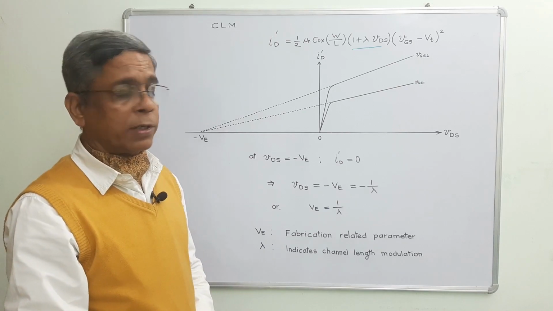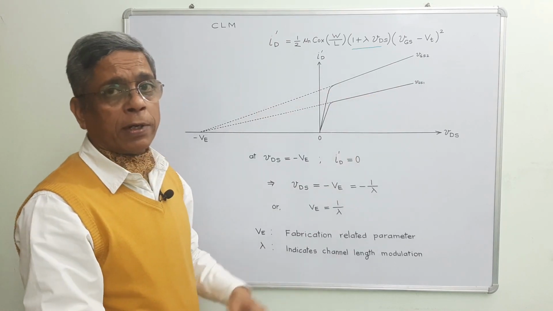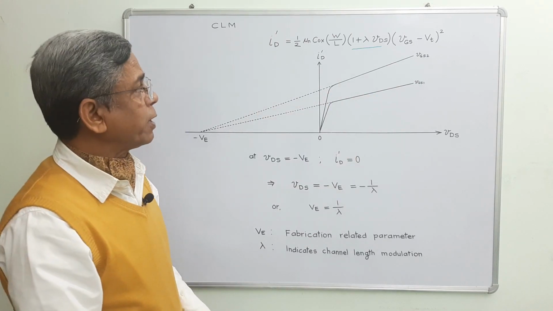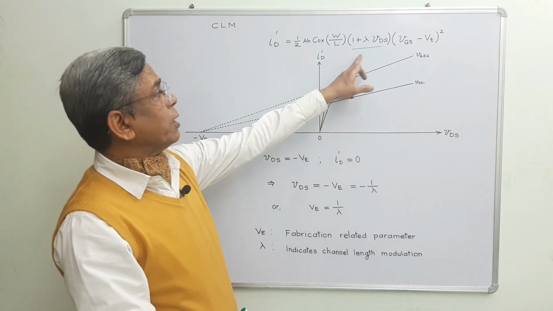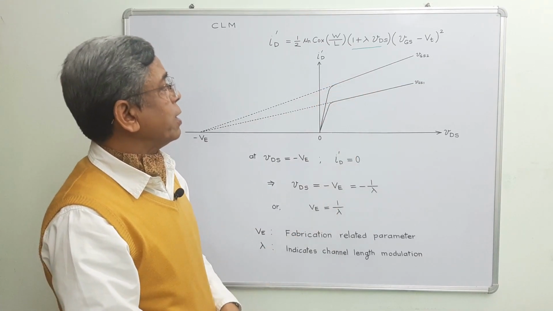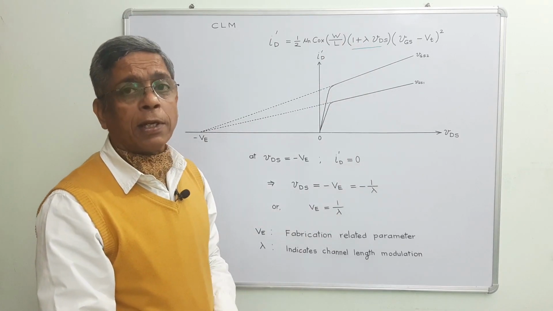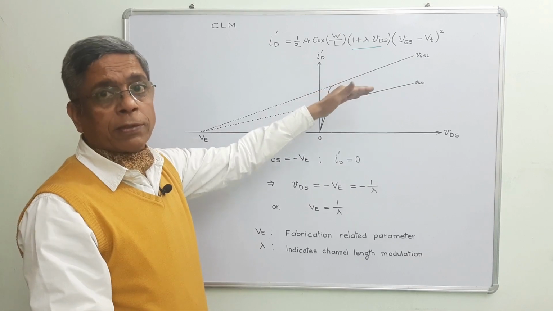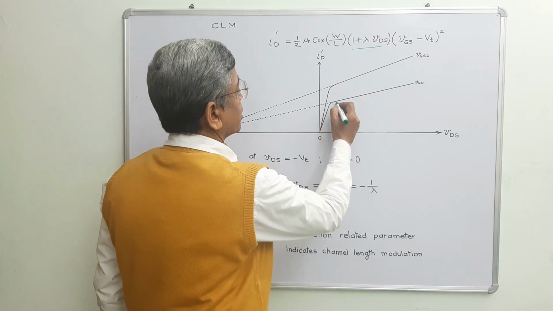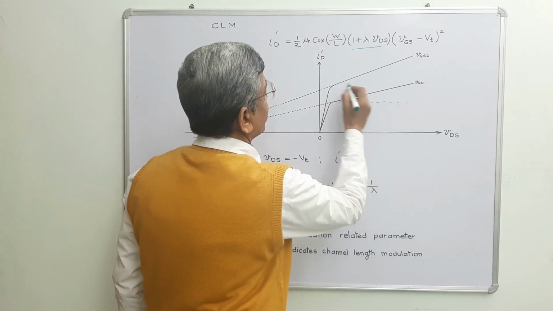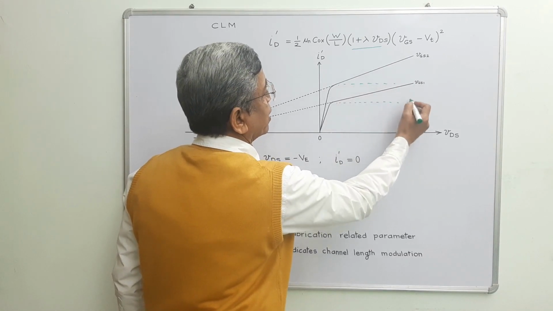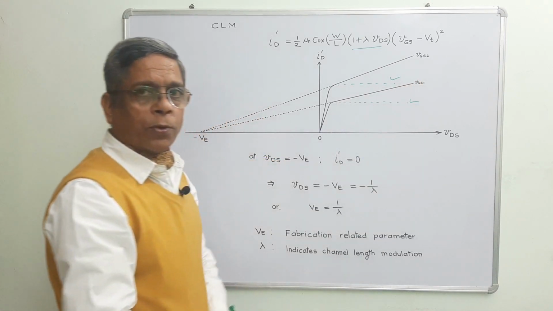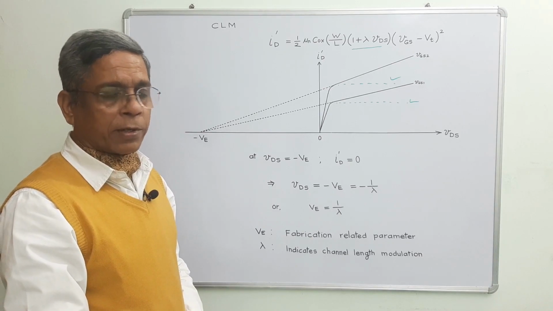This factor takes care of channel length modulation. And this is a modified current voltage diagram for the MOSFET considering channel length modulation. We see this factor increases the slope of these lines. Previously it was 0. This was the earlier condition, and these lines show the absence of channel length modulation.